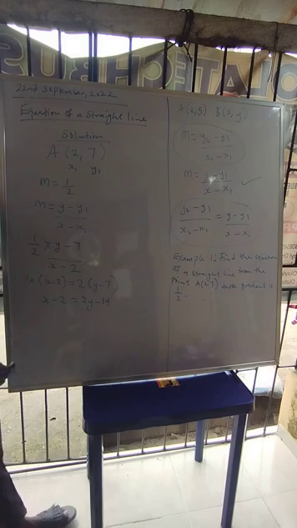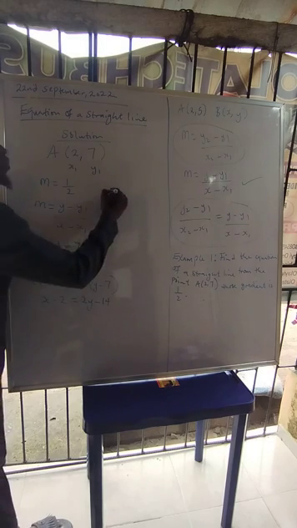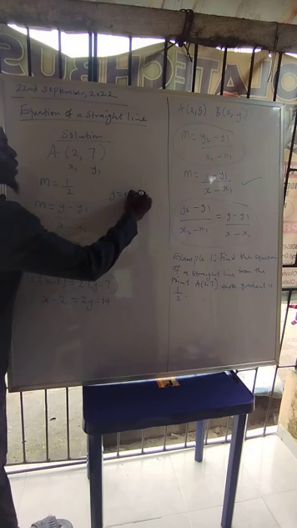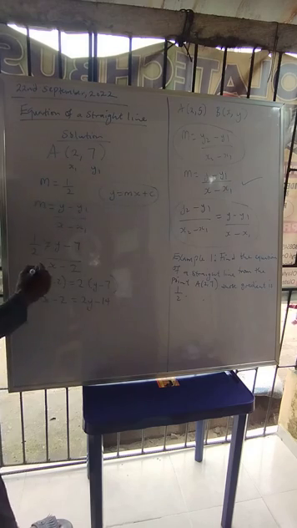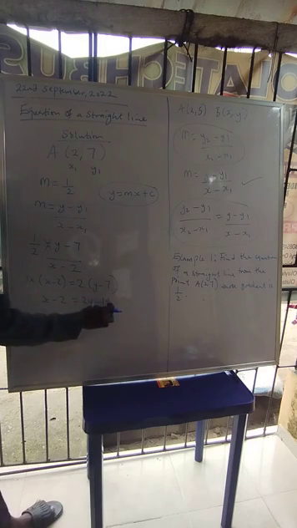Then, since we are looking for y is equal to mx plus c, we are going to represent our equation like this. So how do we do that? We take this minus 14 here.